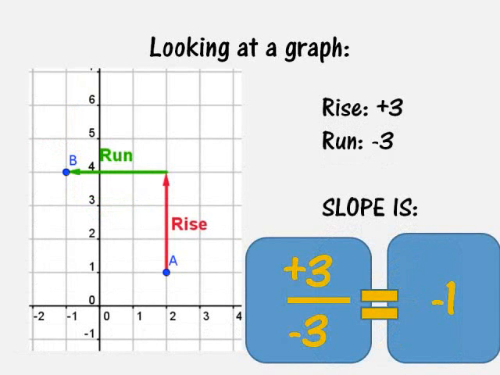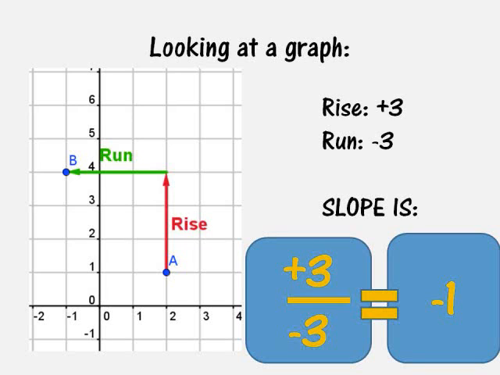The next example we're looking at, point A is at 2, 1, and point B is at a location of -1, 4. If we count rise over run, the vertical distance between A and B is +3. The horizontal distance is to the left 3, so our run is -3.